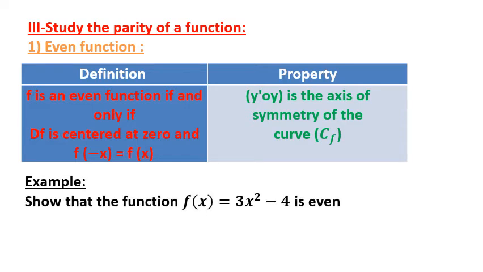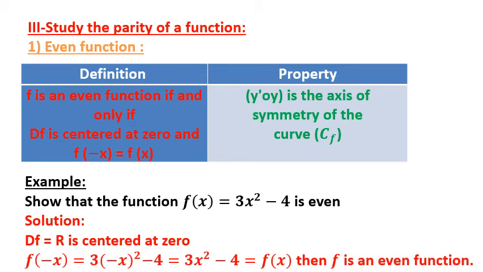Example: show that the function f(x) = 3x^2 - 4 is even. To show that f is even, we first find its domain of definition to check whether it's centered at 0. Since f is a polynomial, its domain is R, from minus infinity to plus infinity, and R is centered at 0.